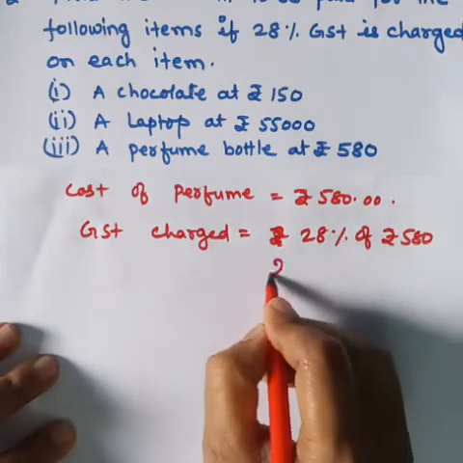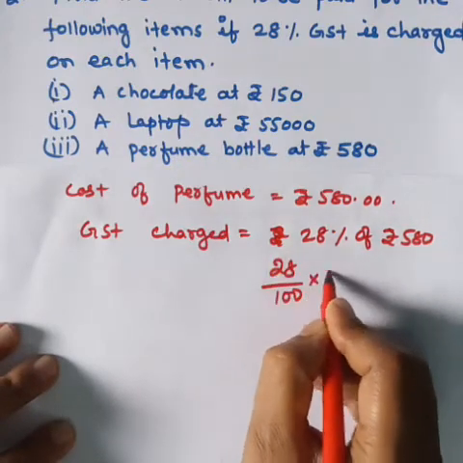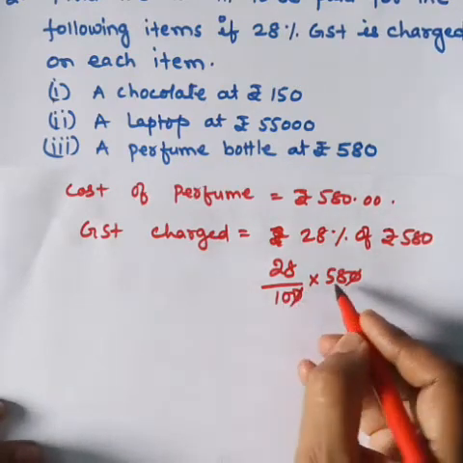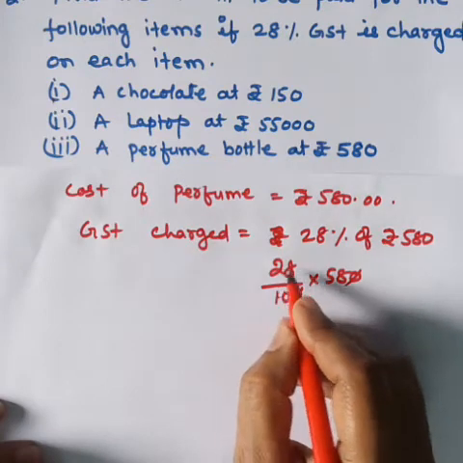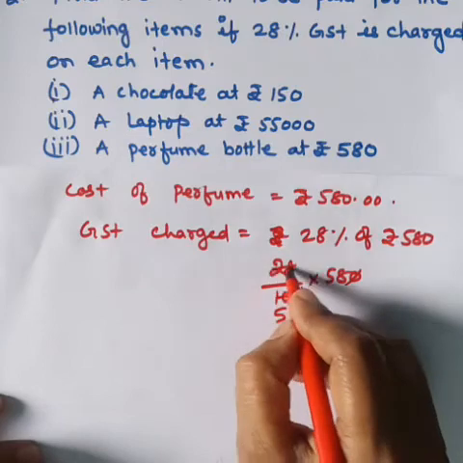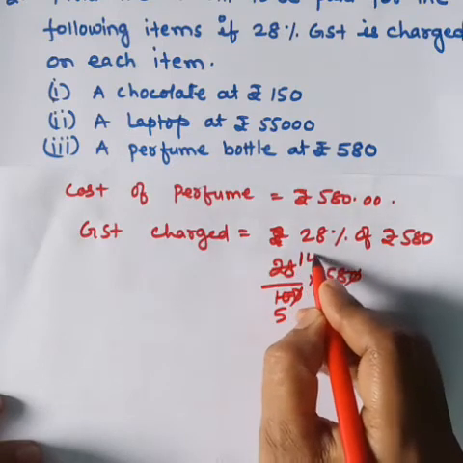Okay. So 28 by 100 into 580. 0 0 cancel. Now here 28 and 58, 2 5s are 10. And here 2 1s are 2 and 2 4s are 8.